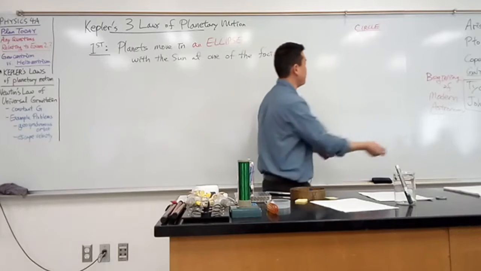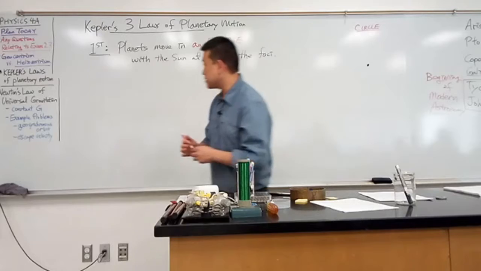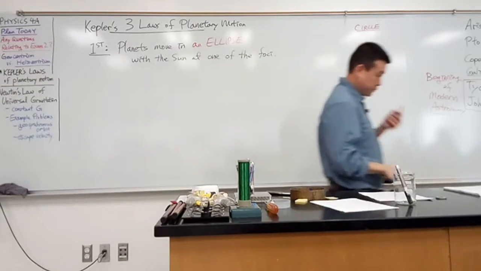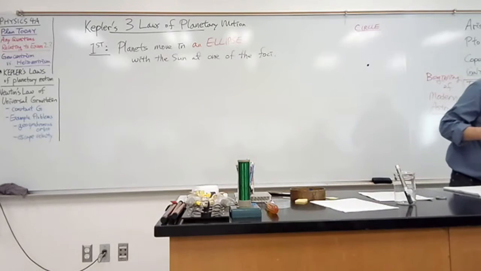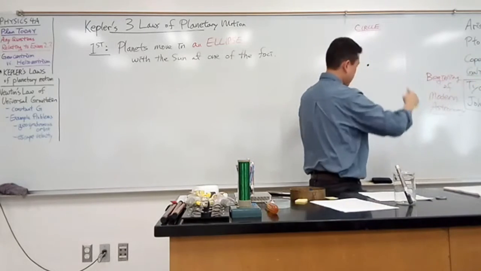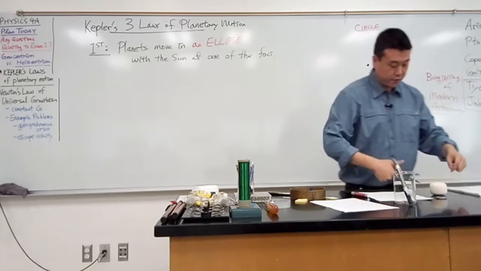Let me put a dot here as the center. And I have a bunch of magnets, so I assume I can use one of them, or all of them, to put down something. Can I use this string? I guess I can. If I wanted to draw a circle, this is how I would draw it.